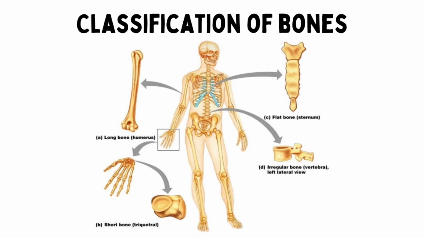The flat bones have as main function the protection of organs, as for example the bones of the skull. The irregular bones don't have characteristics that allow them to be classified in other categories, and an example are the vertebrae. And an example of round bones is the patella.